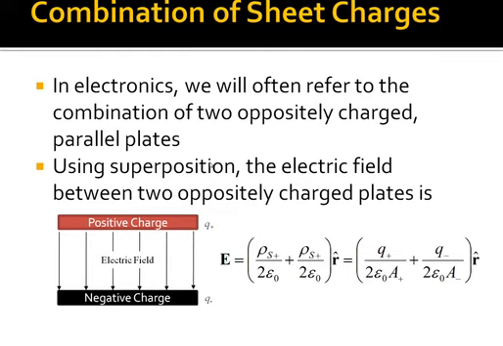We can calculate the electric field strength between those two plates if we know the total amount of charge accumulated on both the positive plate and the negative plate, and the separation distance between them.